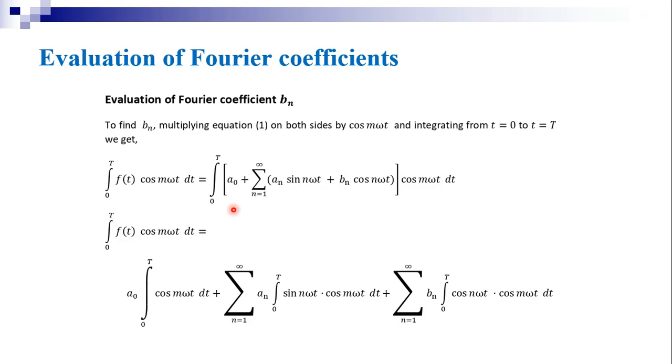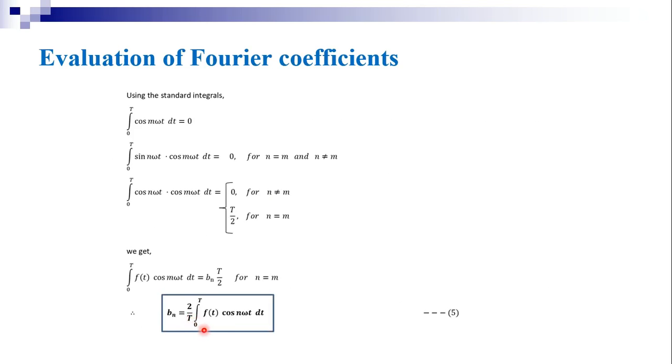After simplification in different steps and using the standard integrals, we will get the expression for the Fourier coefficient bn is equal to 2 by T into the integration of f of t cos n omega t with respect to t within the limits 0 to T.